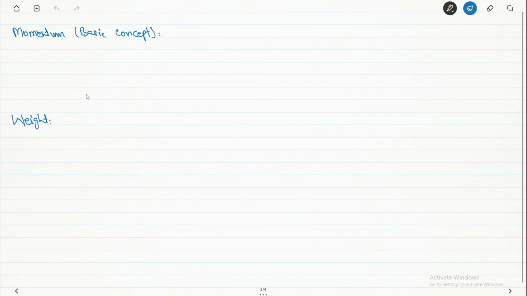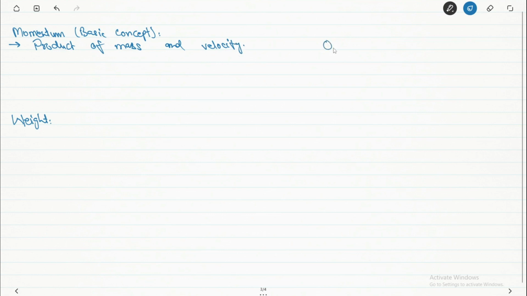Now moving on to the basic concept of momentum. We'll go into momentum a little bit later in this course. So right now, just understand that momentum is the product of mass and velocity of an object, right?